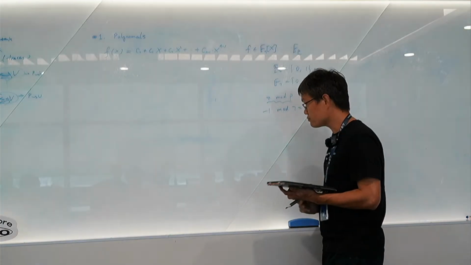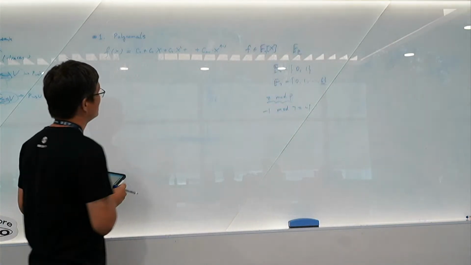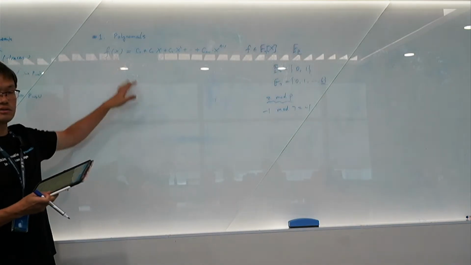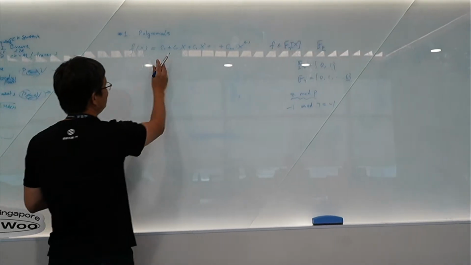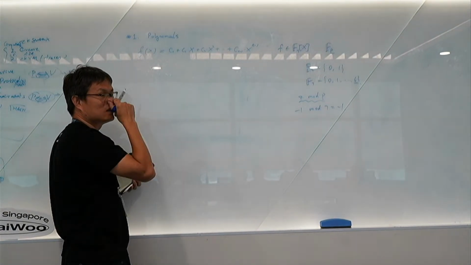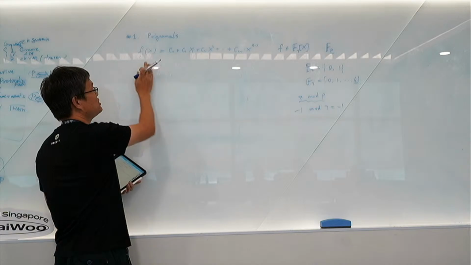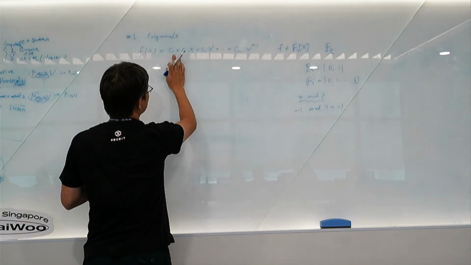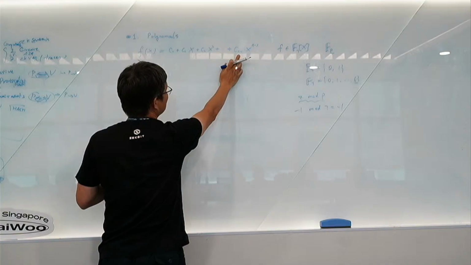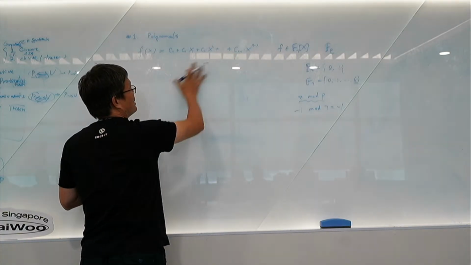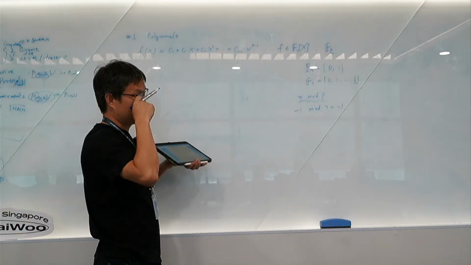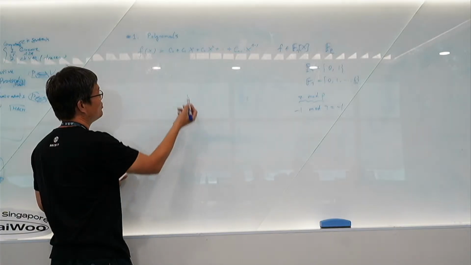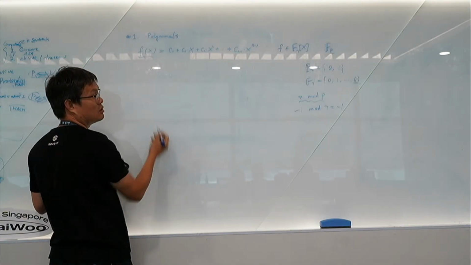So here is f(x). Actually, one f(x) can encode information, right? We can put the information into one polynomial. For example, here c0, c1, c2, all the way to c_{n-1}, we have n numbers, right? Then we put them into one polynomial.